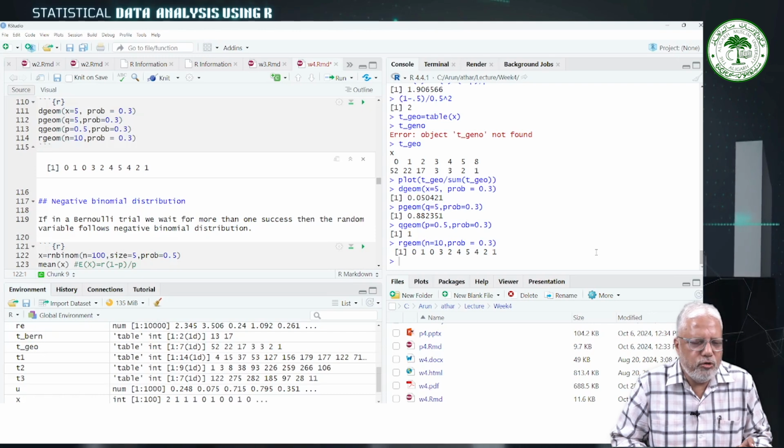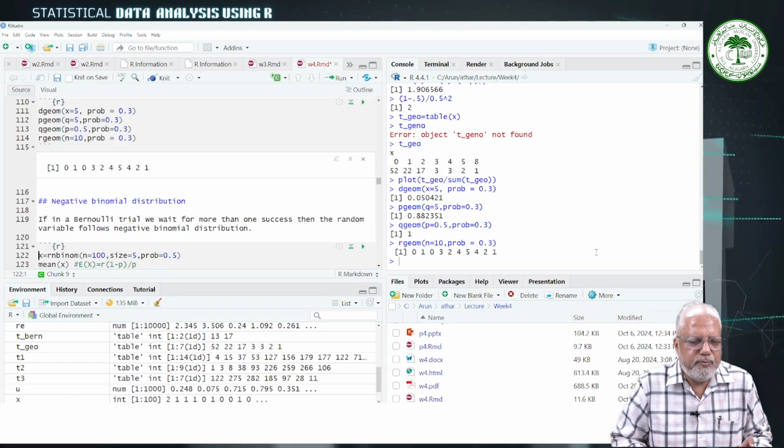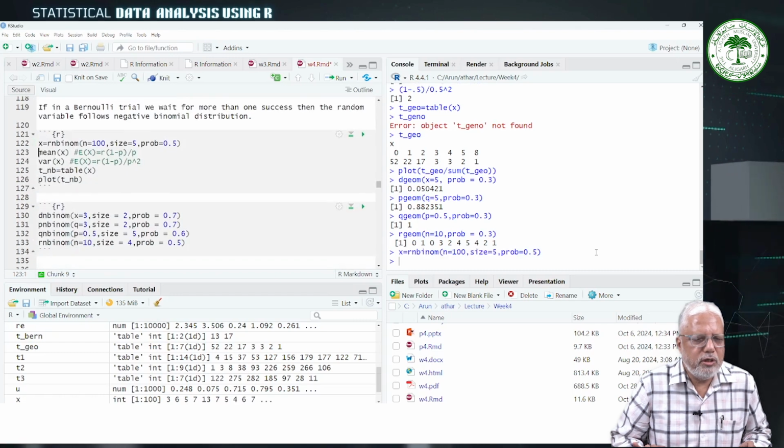So rnbinom is the name in base R, with size equal to 50 and prob equal to 0.3. So this is the simulated data.